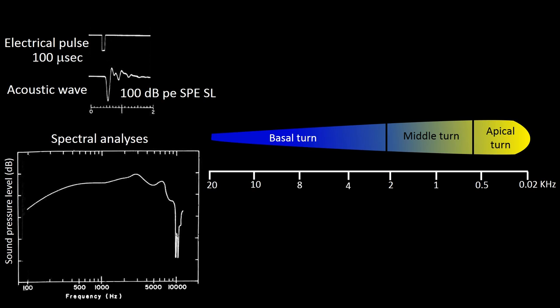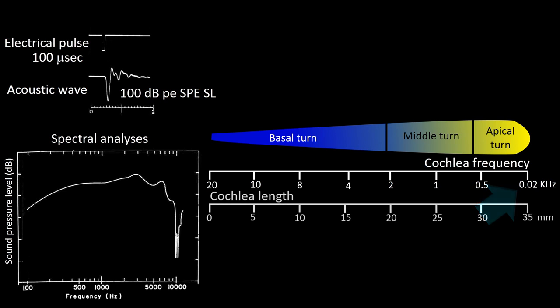Notice that high frequencies are at the base and low frequencies are at the apex. Now I have added the distance of the basilar membrane from its base to the apex.